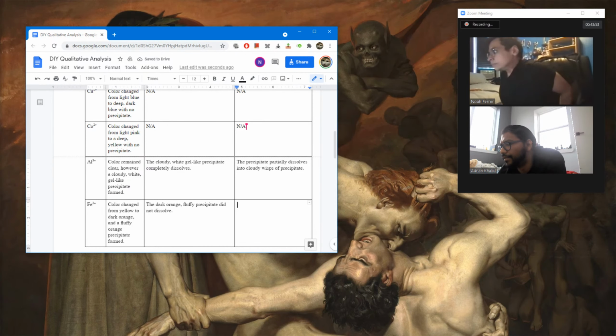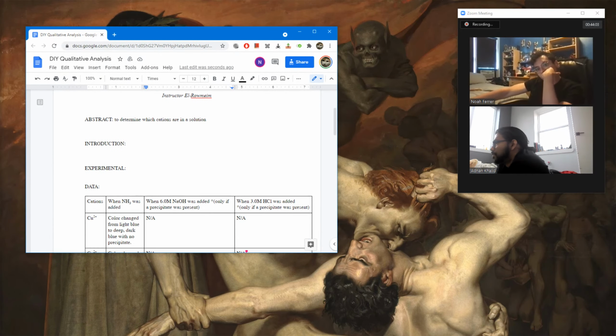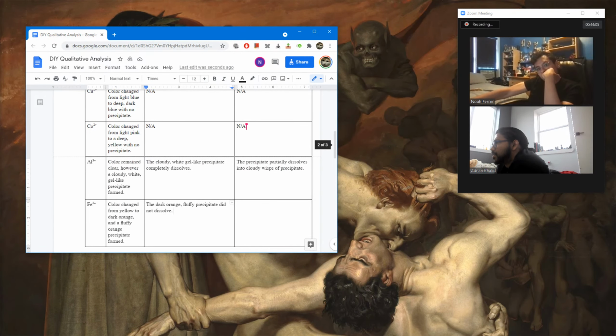And for iron, they're not adding anything, since this is only if precipitate was present. Didn't need to reattain precipitate. So not applicable, I guess.